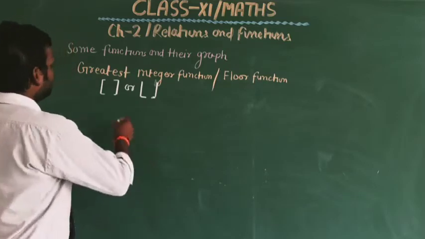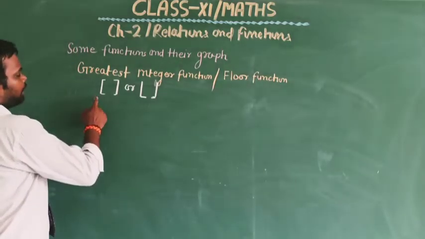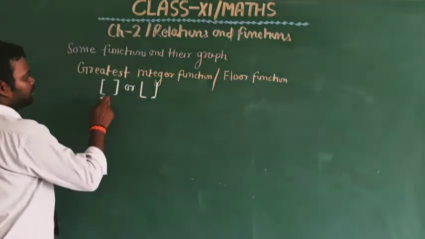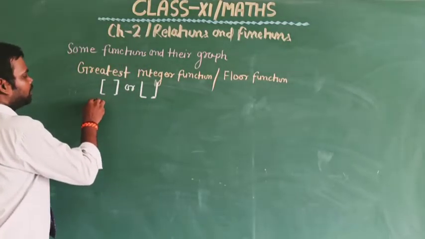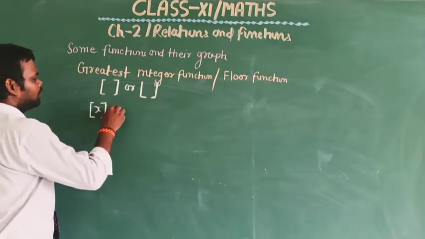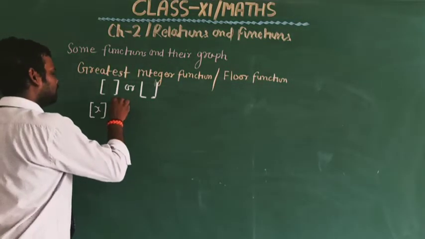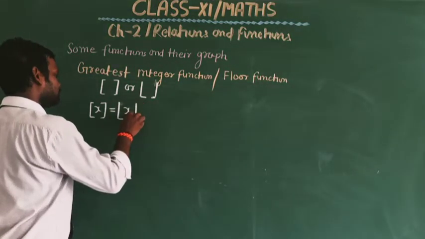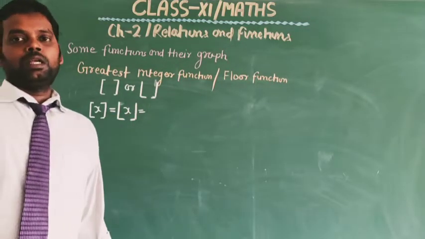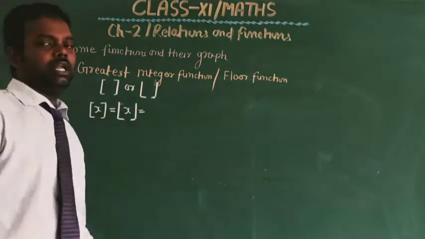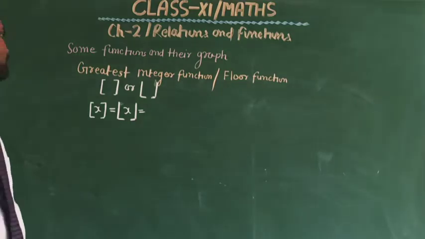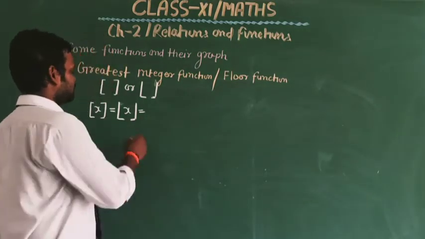Suppose for any real number x, the greatest integer function is denoted by the symbol square bracket x, or this symbol. This means the greatest integer less than or equal to x.